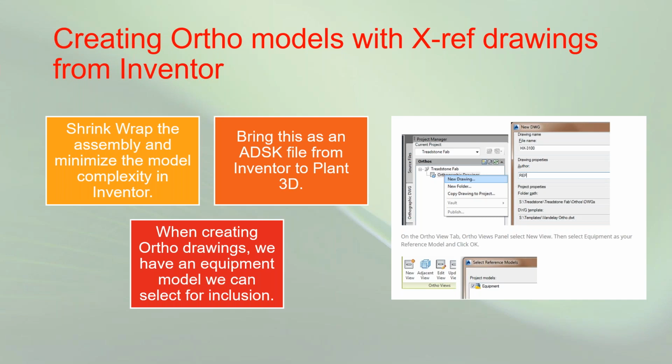Just bringing in a straight Revit model that was exported, or an Inventor model that wasn't shrink wrapped, can cause some performance issues, and you might be sitting there for a while waiting for your ortho to generate because of the unnecessary geometry.